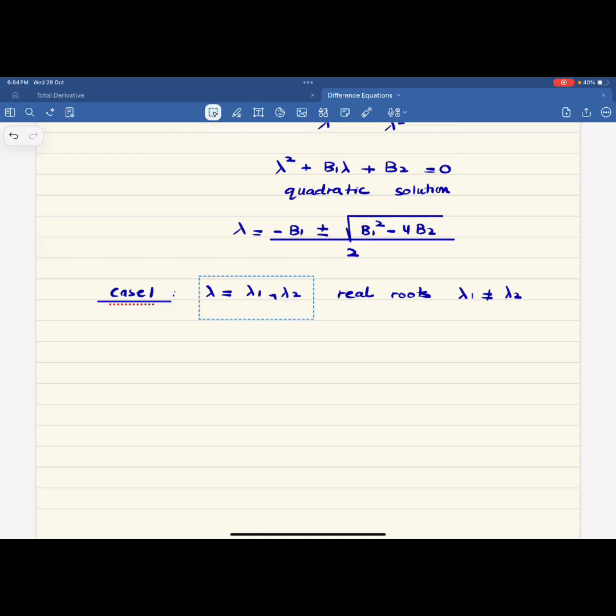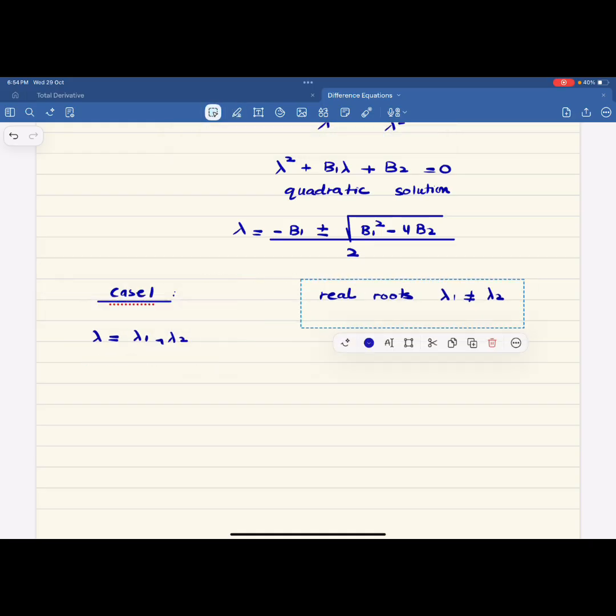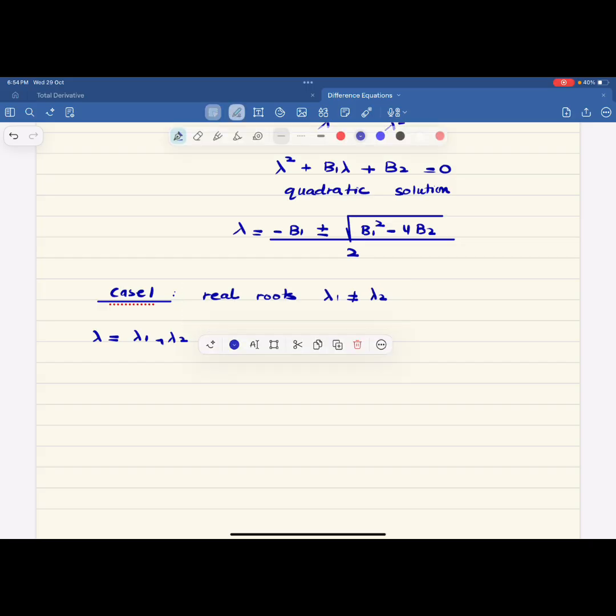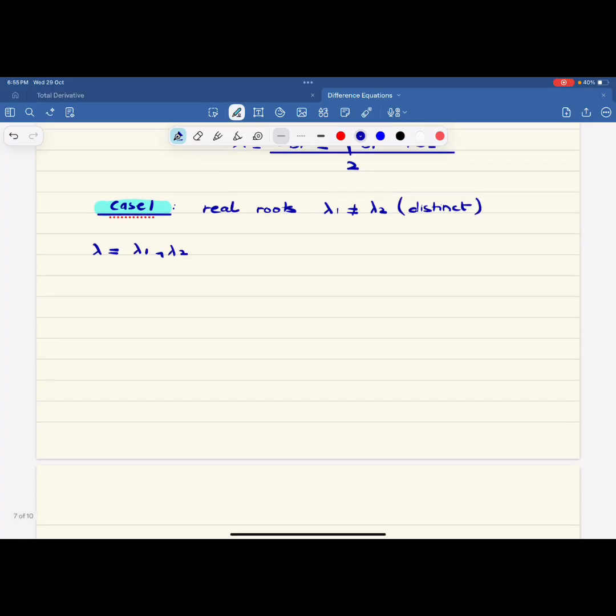Then the homogeneous solution to such a system is going to be some constant C lambda 1 to the power t plus some constant D lambda 2 to the power t.